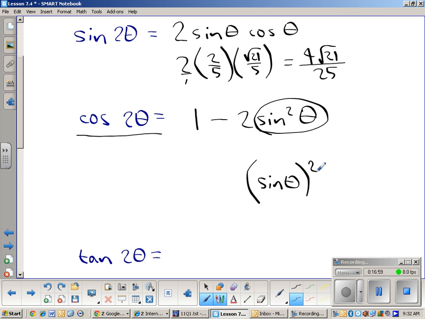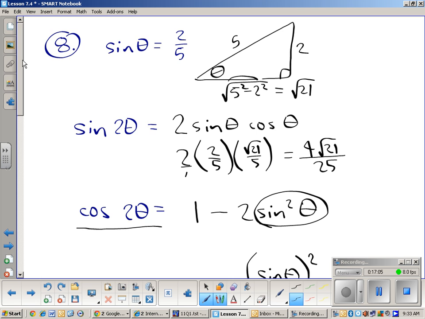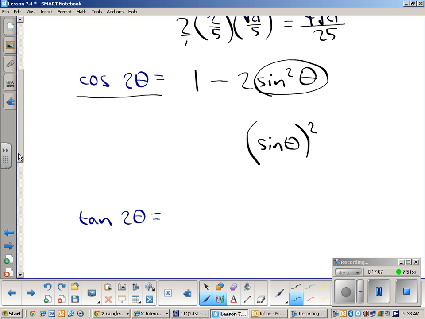And we know what sine theta is, right? It's 2/5, right? And so this would be 1 minus 2 times 2/5 squared. And so this would be 4 25ths. So this would be 1 minus, and 2 times 4 is 8. So I get 8 25ths.